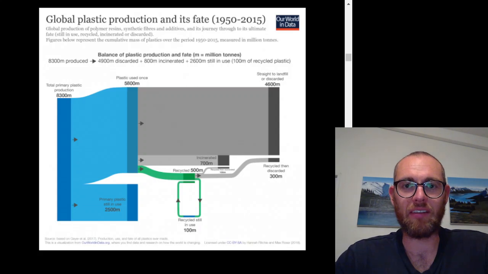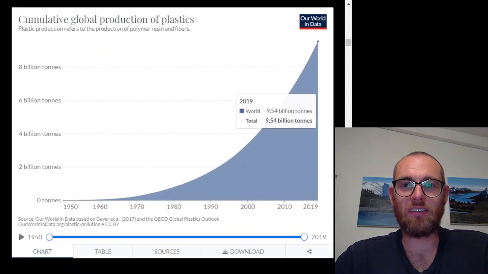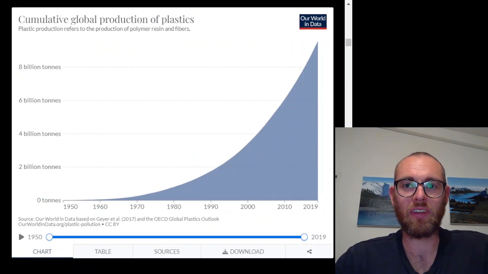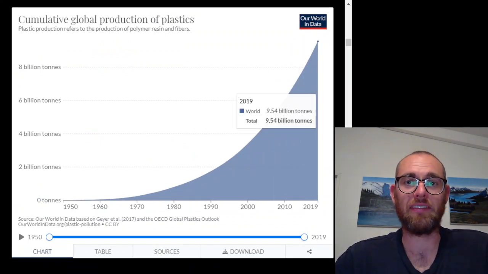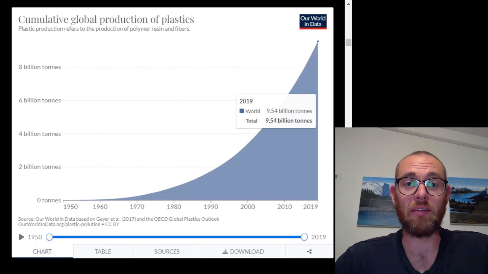And as you see, it's not changing anytime soon, the amount of plastic that we're producing, unless we start recycling more and be really aware of using less plastic.